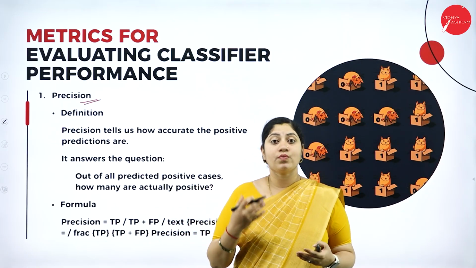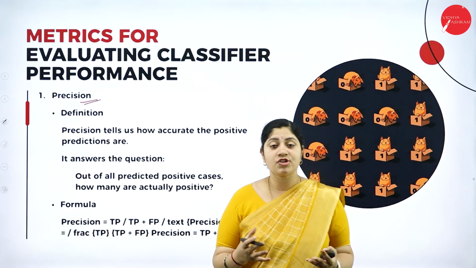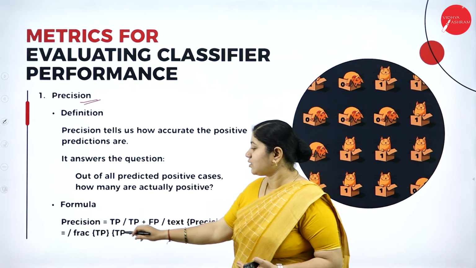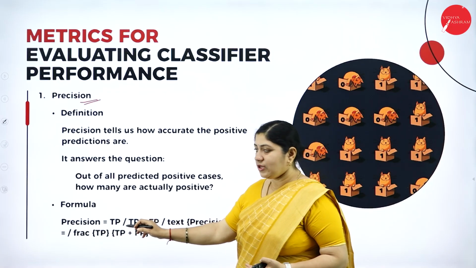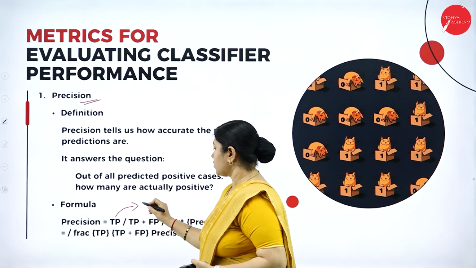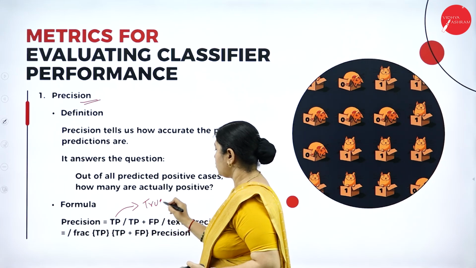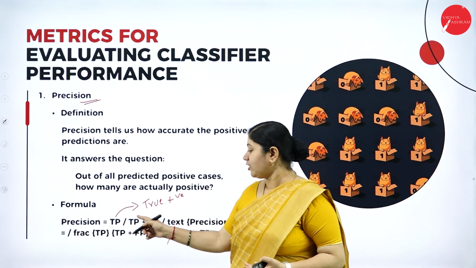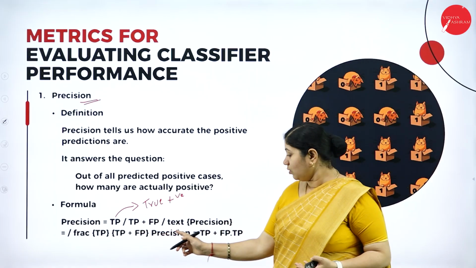All right. In order to measure precision, there is a formula: precision equals TP divided by TP plus FP, where TP is none other than true positive, and FP is false positive.